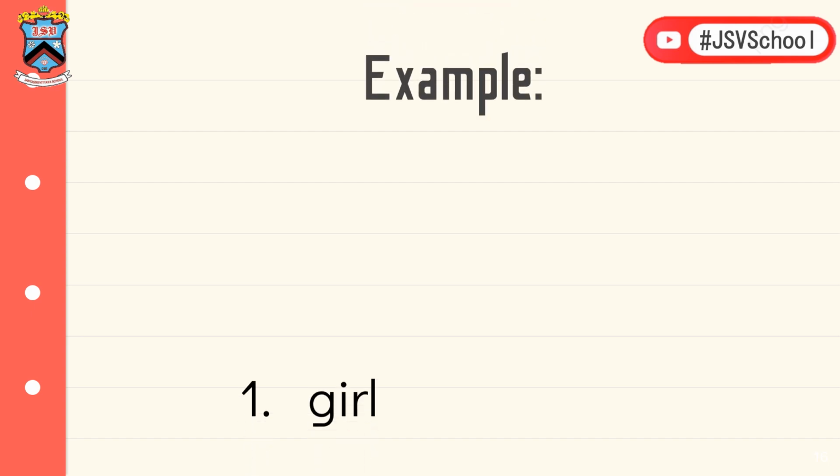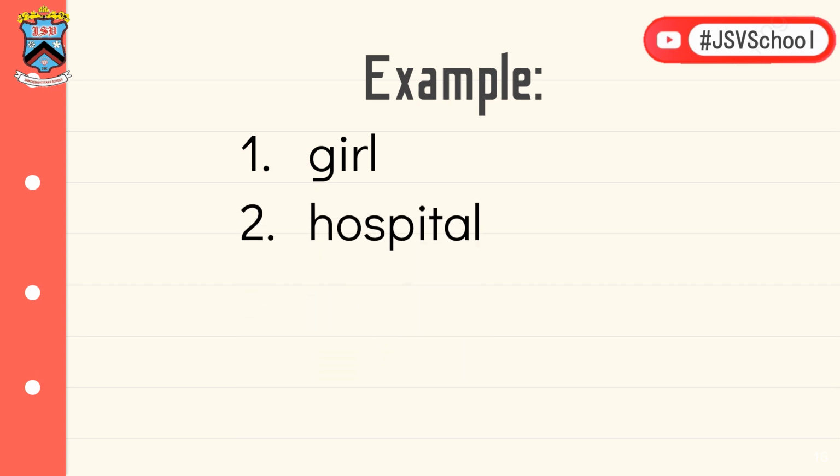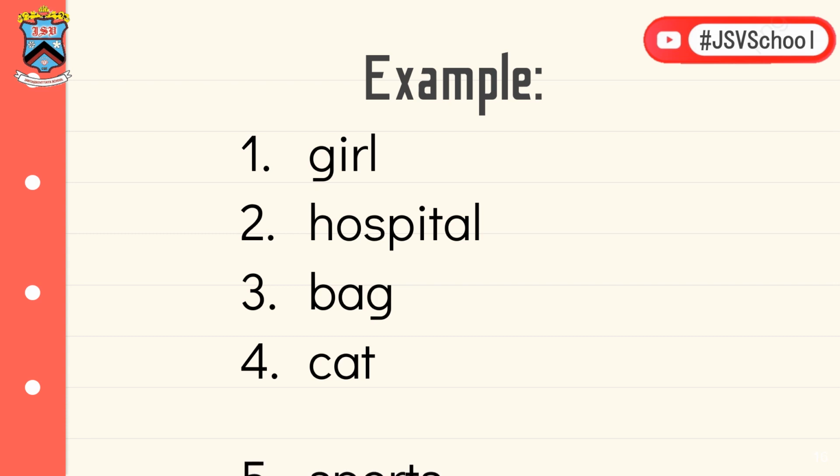number 1, girl. The first letter of the word is written in small letter. Number 2, hospital. Hospital is an example of a common noun. Number 3, bag. Number 4, cat. And number 5, sports. These 5 words are examples of common nouns.